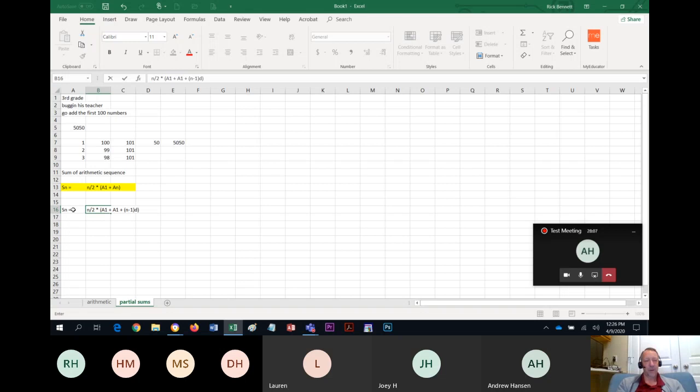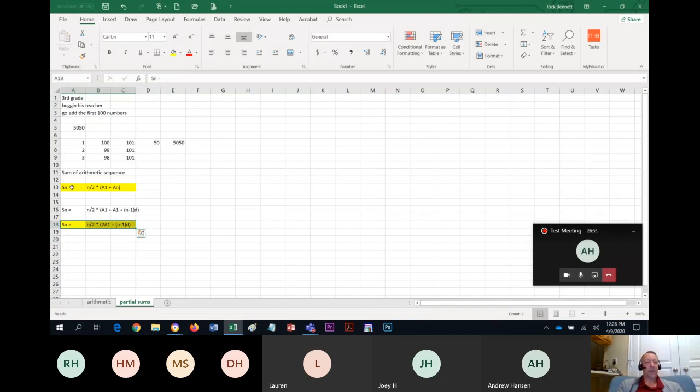Okay? Or simplified, we could still do that as n over 2 times (2 times a sub 1 plus n minus 1 times your difference d). Okay? Forgot to put in my first parenthesis there. So this basically is the same formula here.